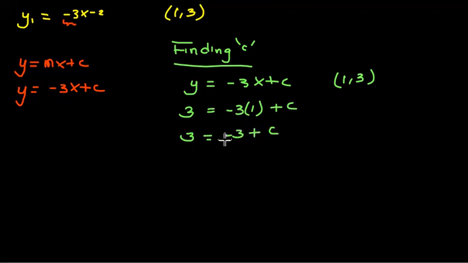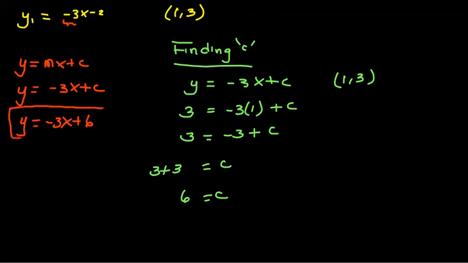We transpose the minus 3, so it becomes positive when we transpose it. So I'm going to have 3 plus 3 is equal to c, hence 6 is equal to c, and c is equal to 6. That's it. So y is equal to minus 3x plus 6. That's it. Nice and easy like a Sunday morning.